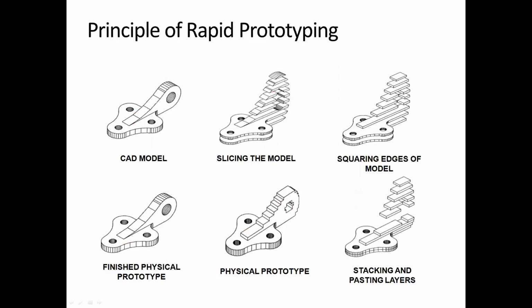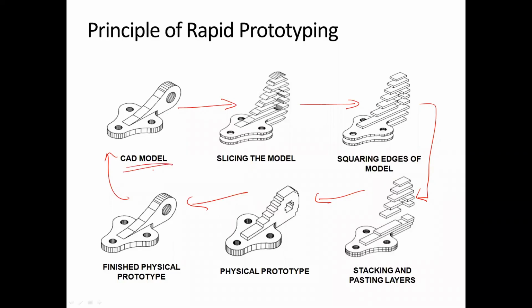So what is the basic principle of rapid prototyping? It can be explained in these 6 steps. The steps actually start from here. This is the cross flow. So first we generate a CAD model.